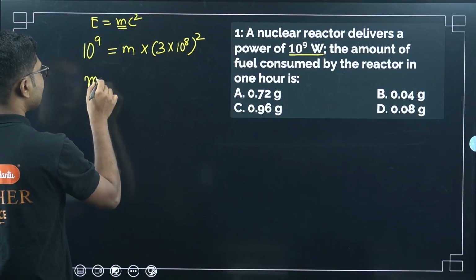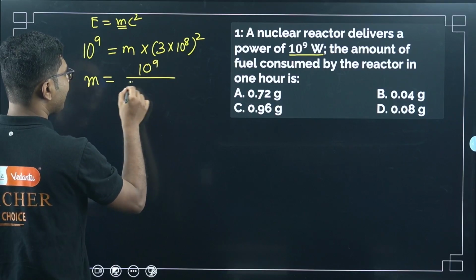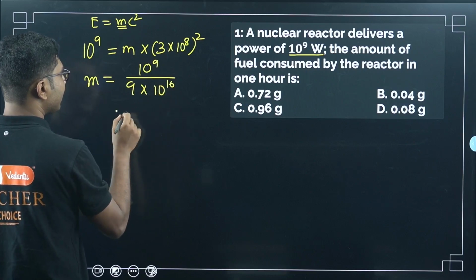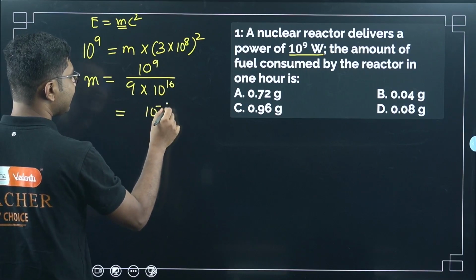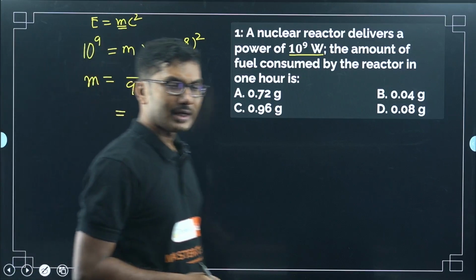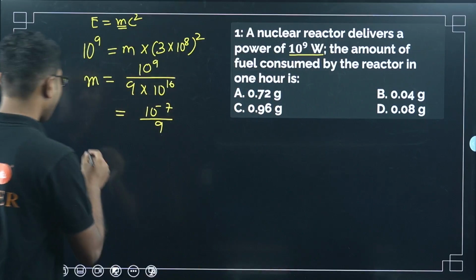So the mass of the fuel per second is 10 to the power of 9 divided by 9 times 10 to the power of 16, so it will be 10 to the power of minus 7 by 9. This is the mass of the fuel required in 1 second. So how much mass is required for 1 hour?